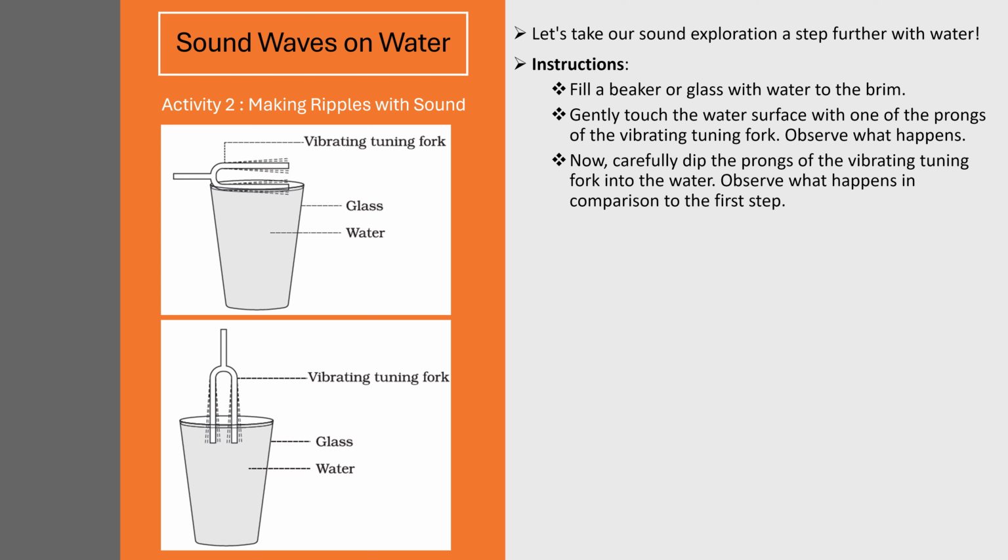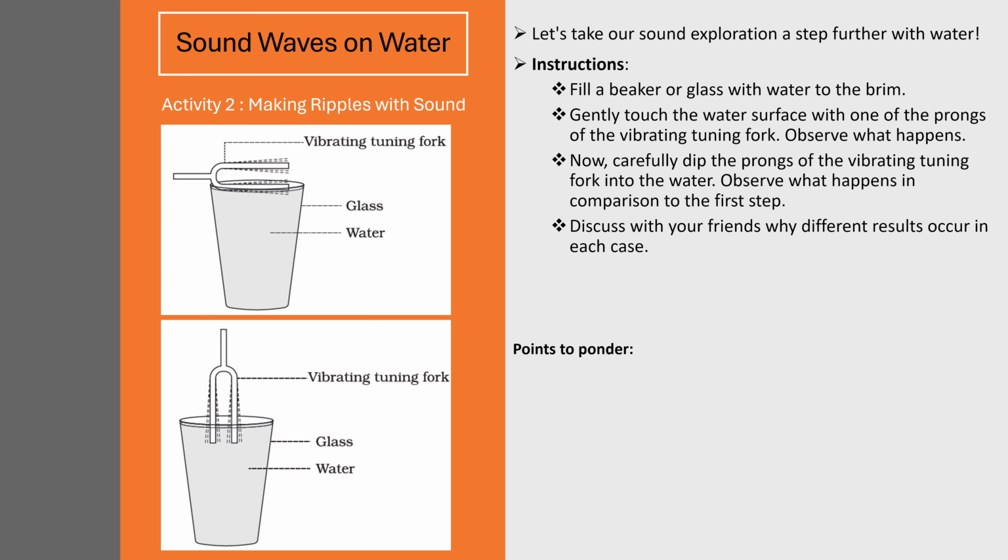First time the vibrating tuning fork's prong touched the surface. In the second case, the vibrating tuning fork's prongs dipped inside the water. Observe the differences in the behavior. Discuss with your friends why different results occur in each case.